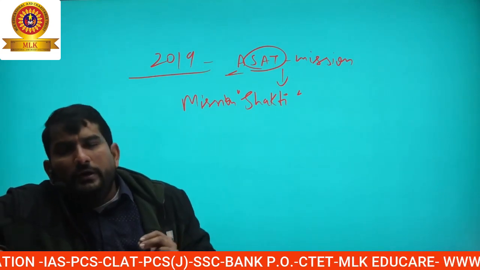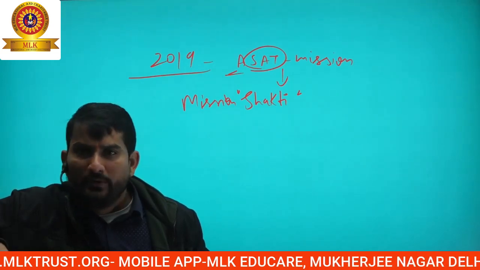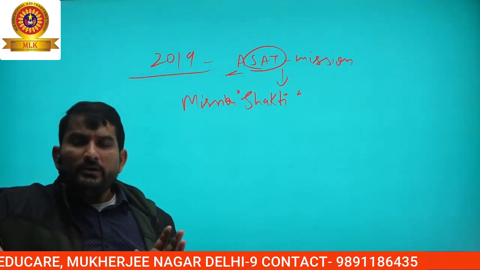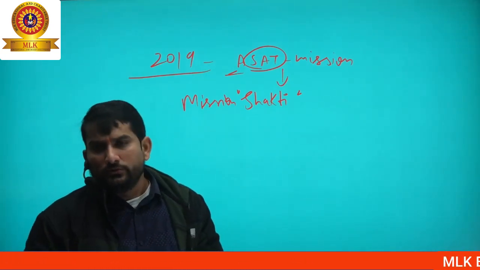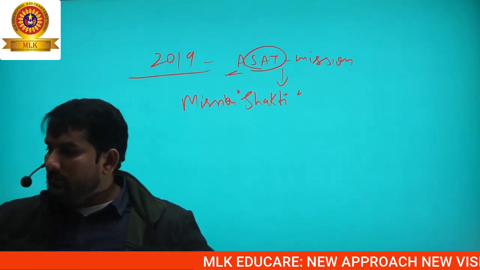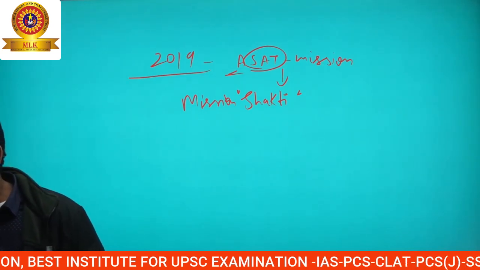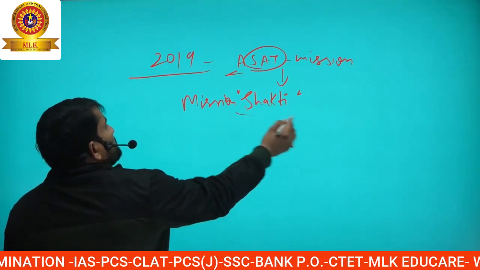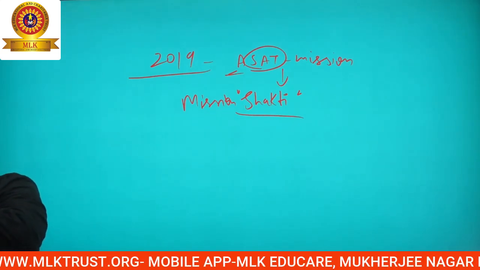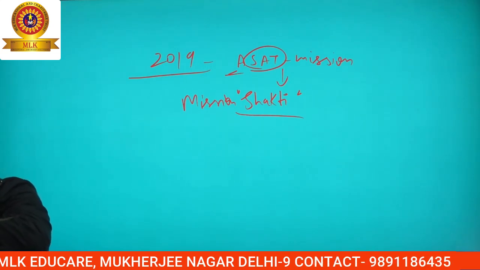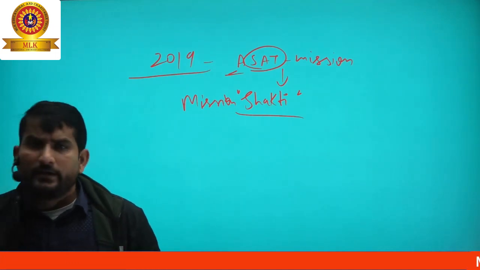That means now India is capable of destroying satellites in the lower earth orbit, and in 2019 India did the same. And that mission name is what? Mission Shakti, demonstrating the capability to destroy a satellite in the lower earth orbit using an anti-satellite missile, with India becoming the fourth country apart from the USA, Russia and China.